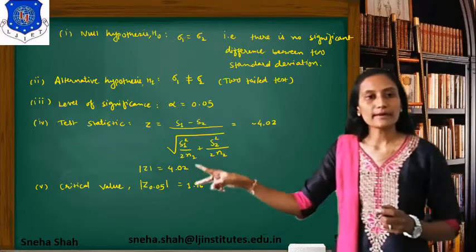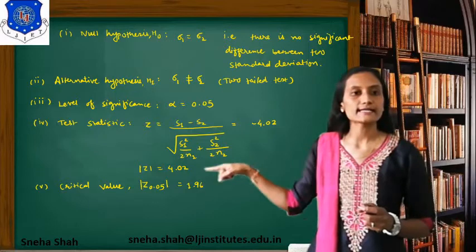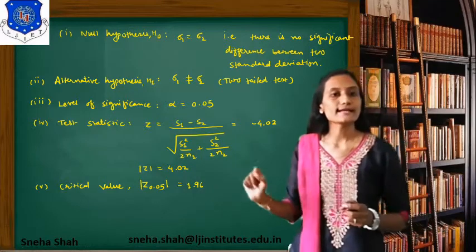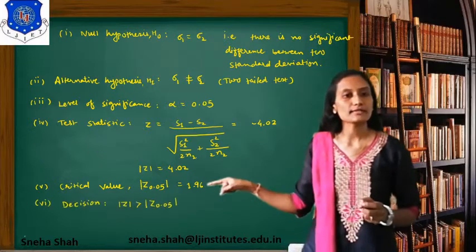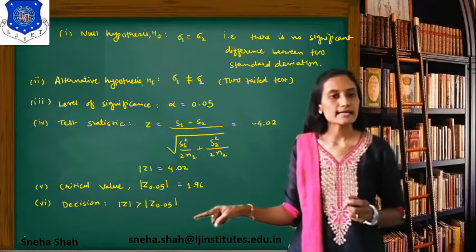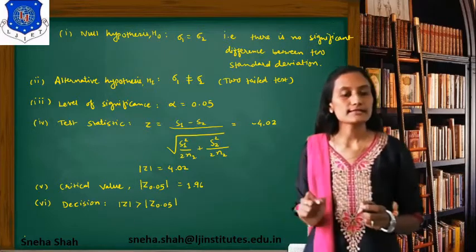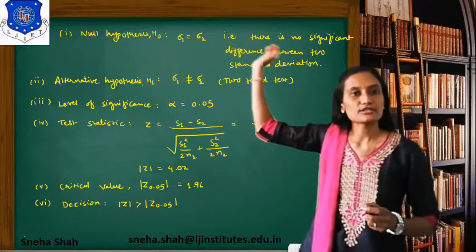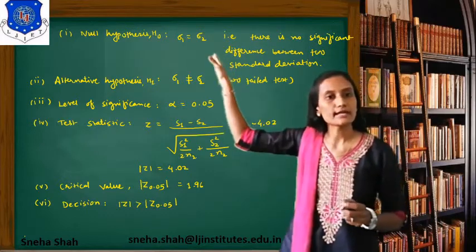Now if you compare these two values, you can say that the value of mod z is greater than mod z 0.05. From this we can give a decision: this assumption is wrong. So it means we reject this null hypothesis.